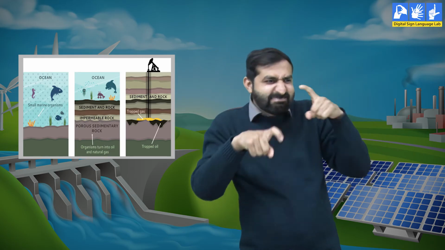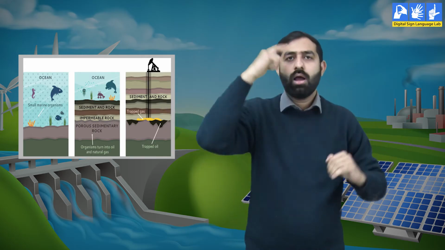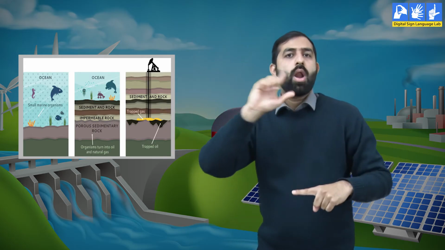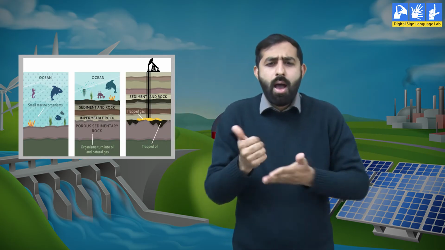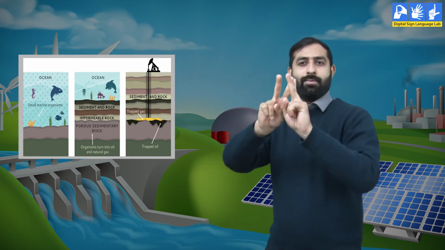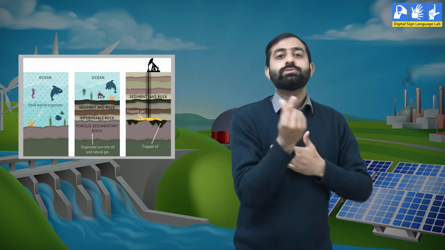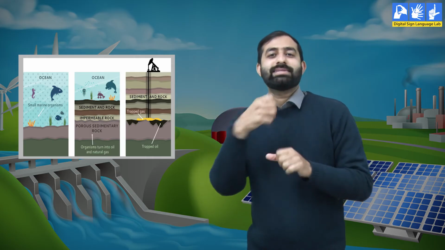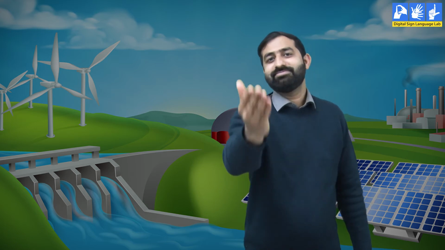The compounds that make up plankton and plants turn into fossil fuels like coal, oil, or gas. So fossil fuels are formed from decayed plants and animals that have been converted into coal, oil, or natural gas. These fuels are called fossil fuels.